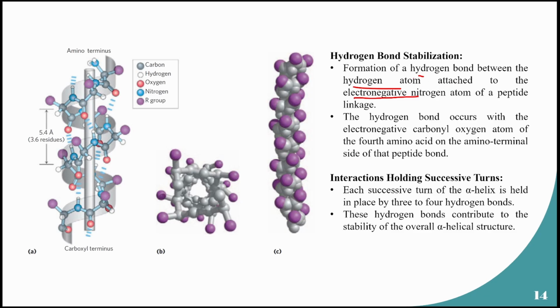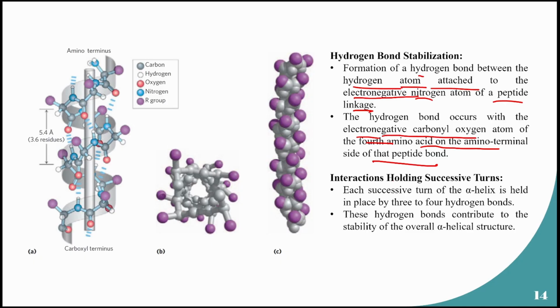And here it is written that the formation of a hydrogen bond between the hydrogen atom attached to the electronegative nitrogen atom of a peptide linkage and the electronegative carbonyl oxygen atom of the fourth amino acid on the amino terminal side of the peptide bond is, for example, seen in alpha helical structures, right?